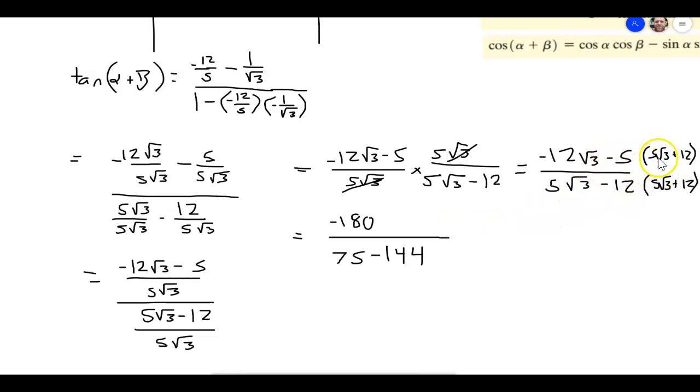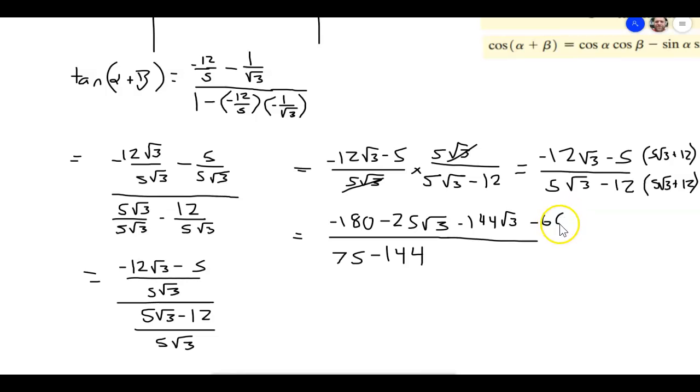And then the middle terms, that's negative 25 root 3 minus 25 root 3. This is going to be a long one. The outer terms is negative 144 root 3 minus 144 root 3. Then the last terms will be minus 60.